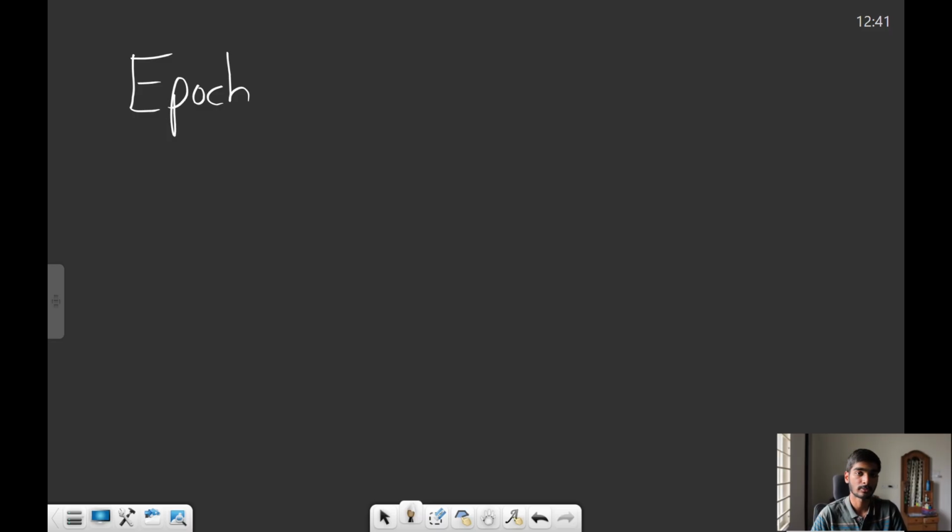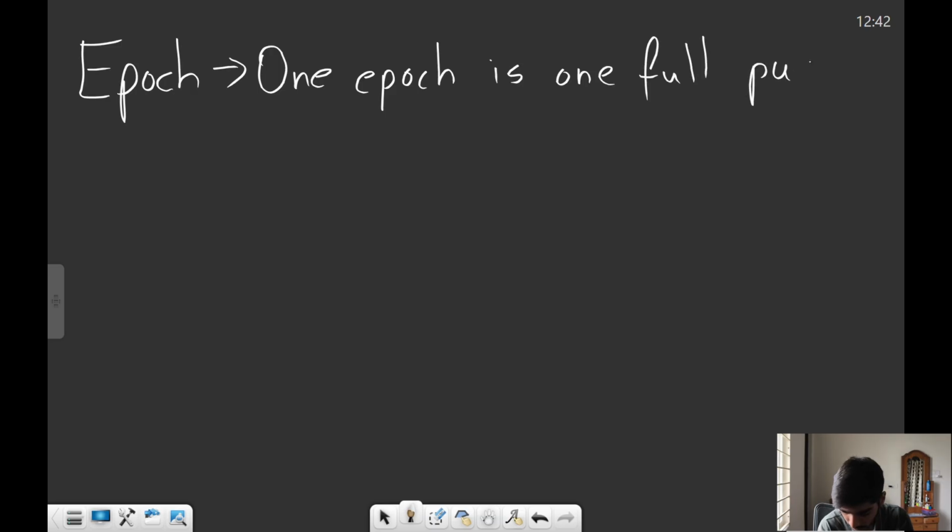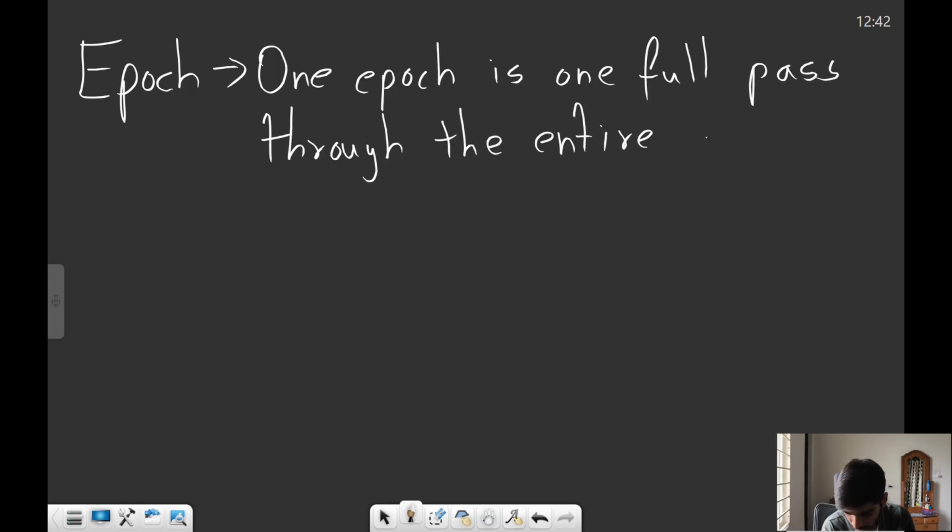If you have fewer epochs, you'll underfit the model. I'll tell you the details of overfitting and underfitting in a minute. So one epoch is one full pass through the entire dataset. After each epoch, the line gets more corrected towards the data points.